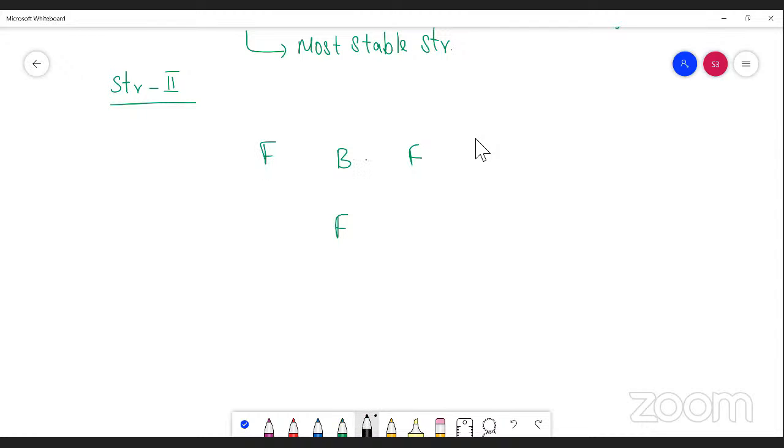First we take a single bond, and here we take a double bond with this fluorine, making the octet.